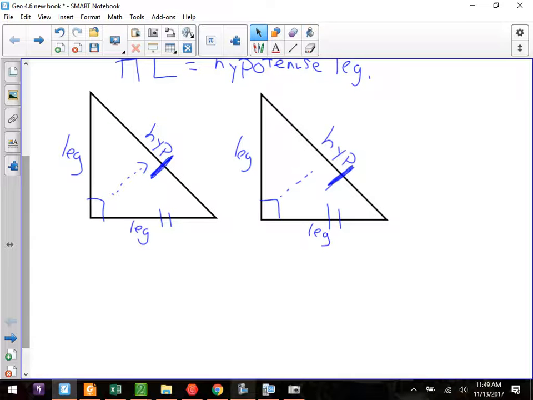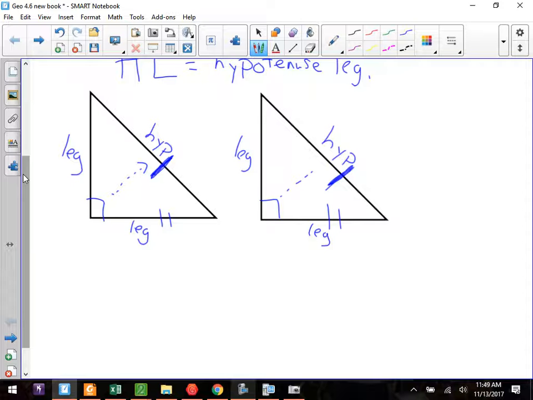What's that crazy theorem about right triangles that we tend to talk about from time to time? Pythagorean theorem. What was the Pythagorean theorem? One of those letters is always the hypotenuse. Which one? C. Yep.